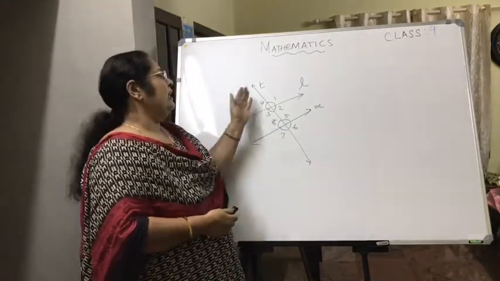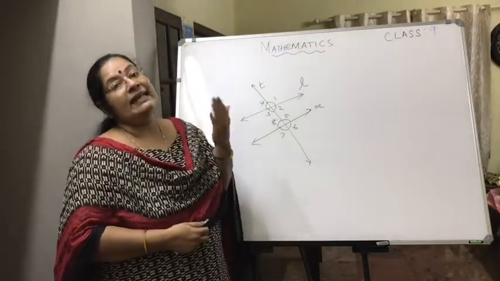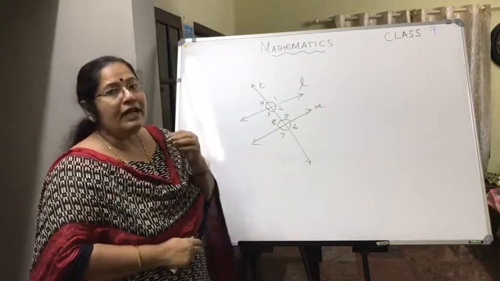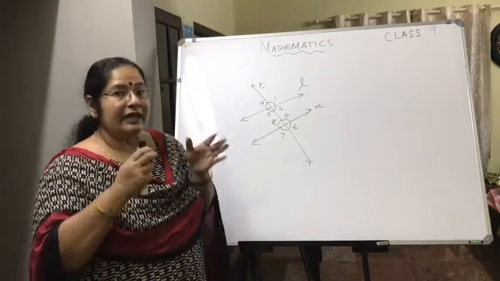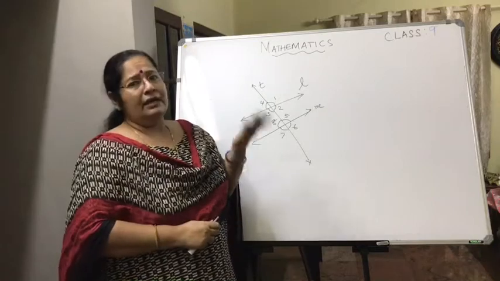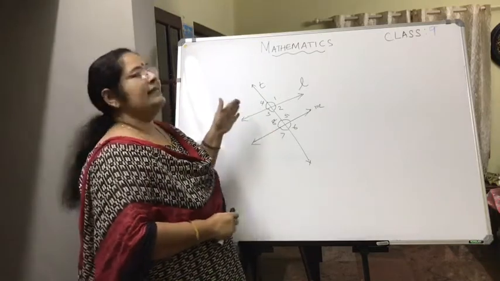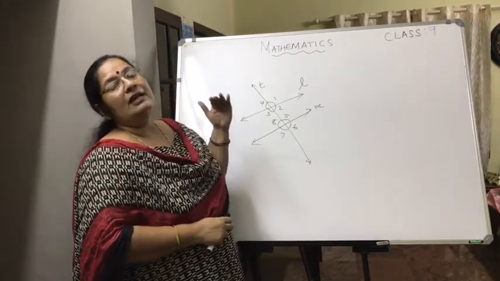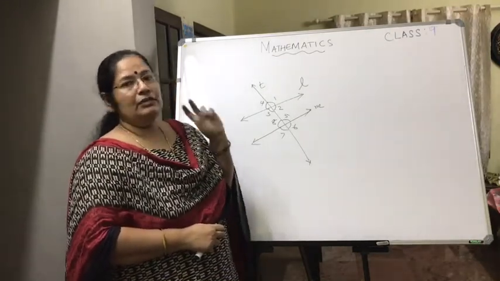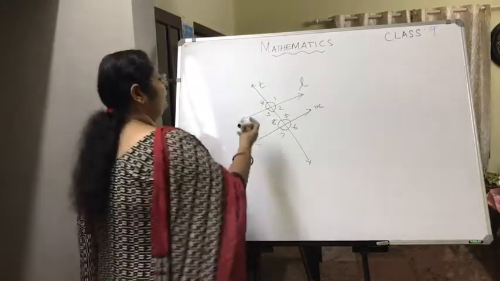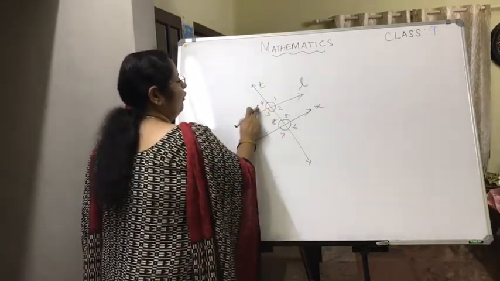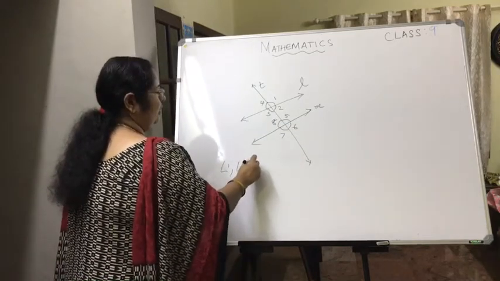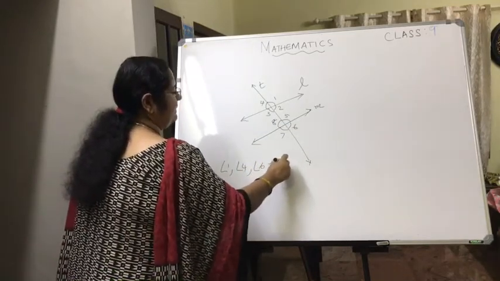Now let us see what these angles are named. Specific names are given for these angles. Some of the angles are paired angles, that is, you get a pair. Some are individual angles. So let us see the names of the different angles formed when a transversal intersects two lines. Now look at angle 1, angle 4, angle 6 and angle 7.